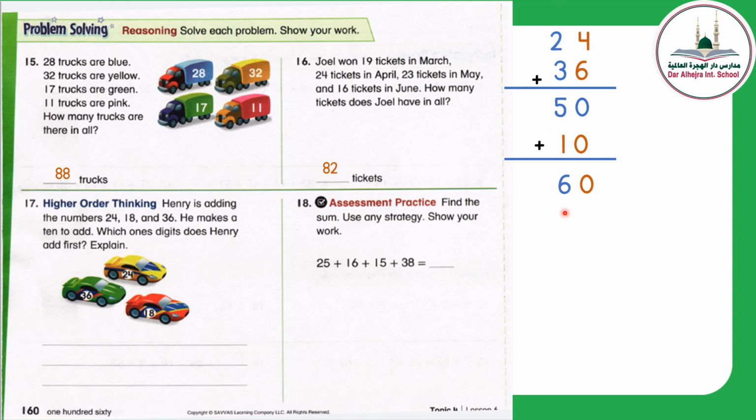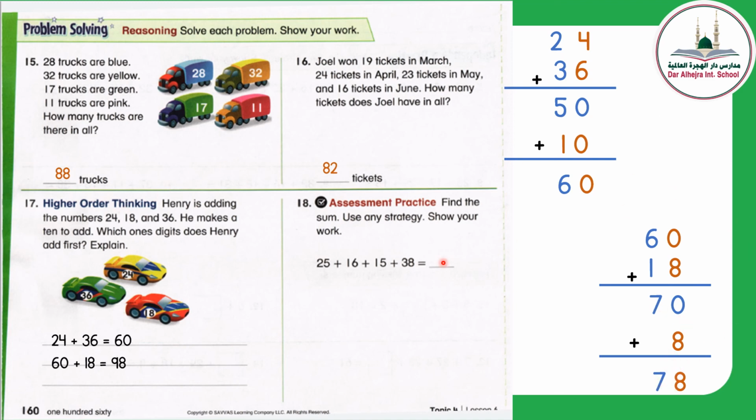Now I'll add the sum of these 2 addends, that's 60, to the third addend, which is 18, like this. 60 plus 18. So I'll add the tens first. 6 and 1 makes 70, and 0 and 8 makes 8. I'll add the partial sums together. 70 and 8 makes 78.